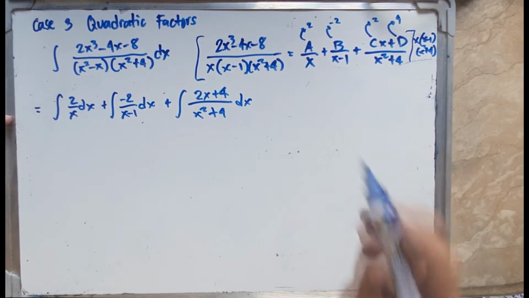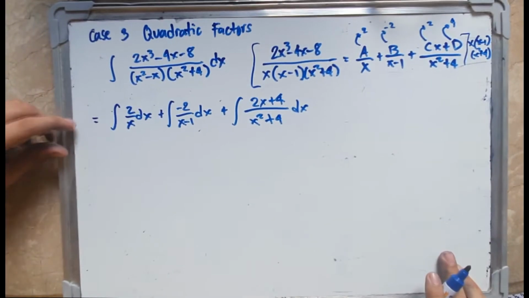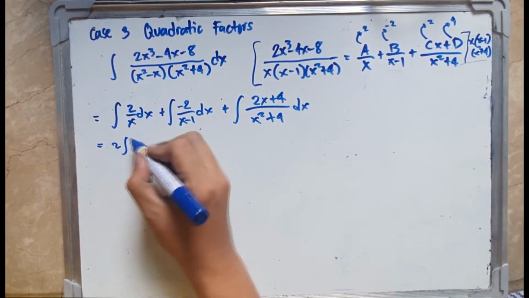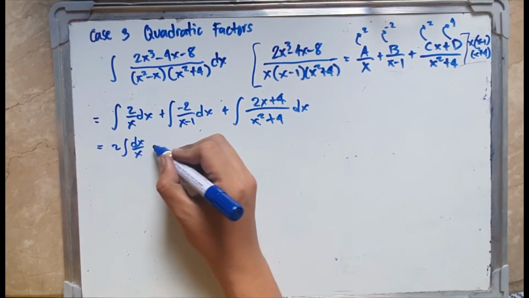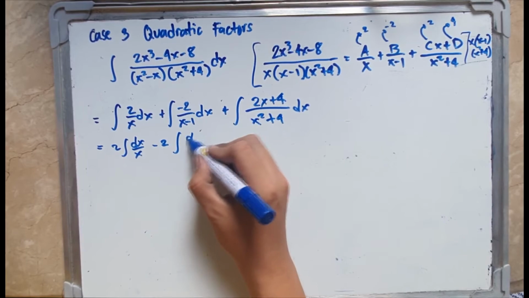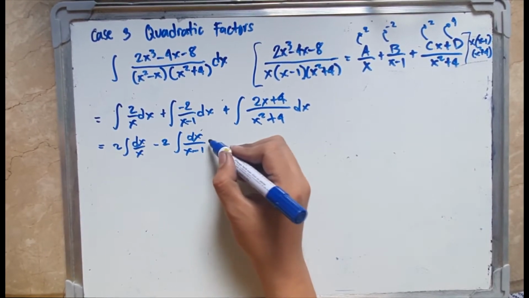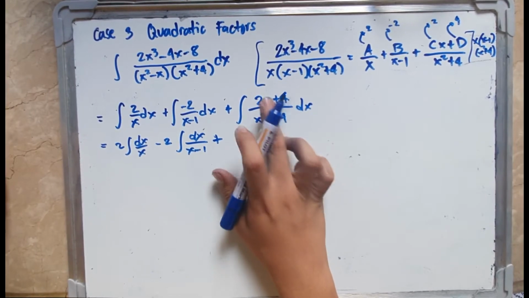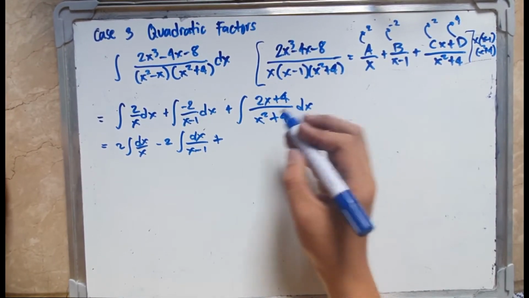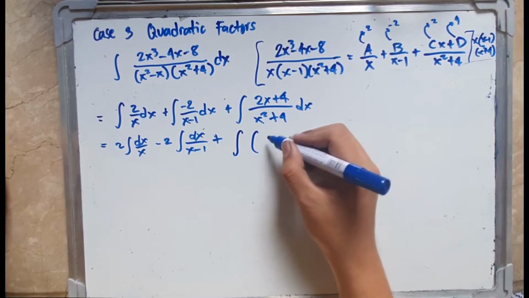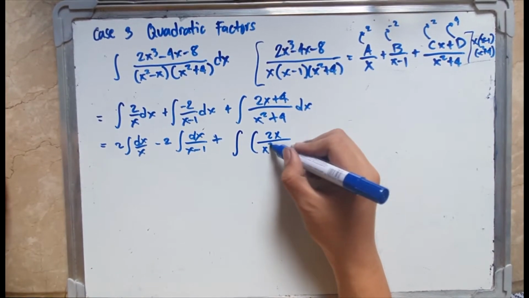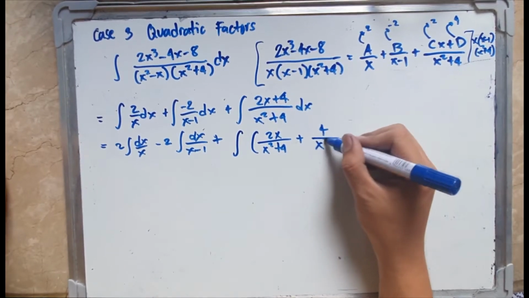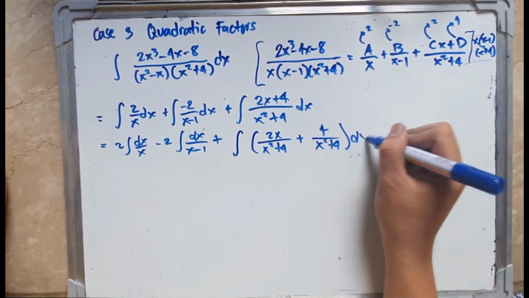Okay. This could also be written as 2 integral of dx over x minus 2 integral of dx over x minus 1 plus, we could split this one. Okay, so we have 2x over x squared plus 4 plus 4 over x squared plus 4 dx.